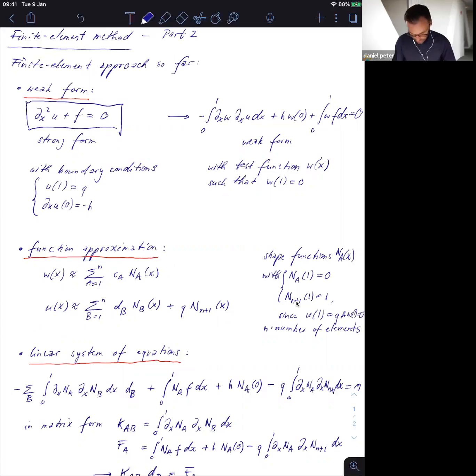So we have this additional term, which makes sure that we have the Dirichlet boundary imposed. That takes care of the boundary condition. Is that clear? So that's often a bit confusing.